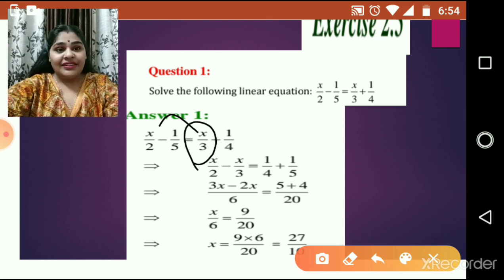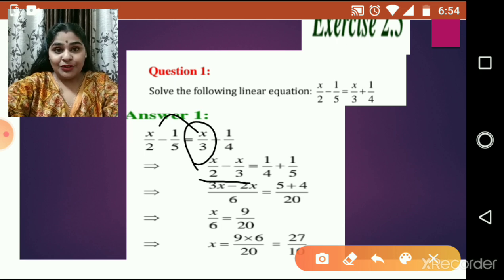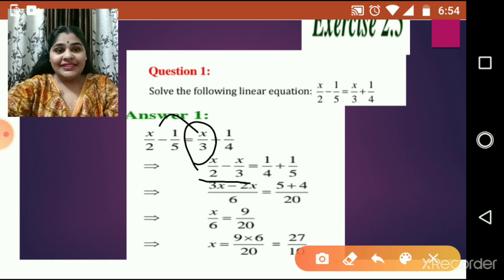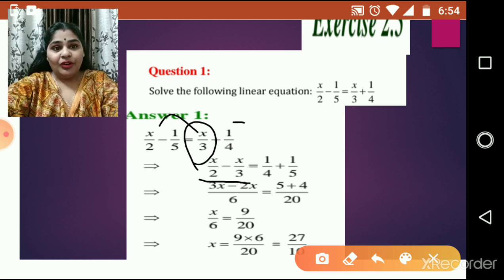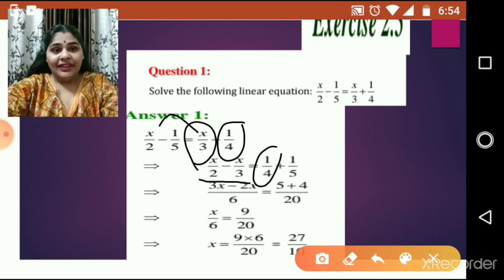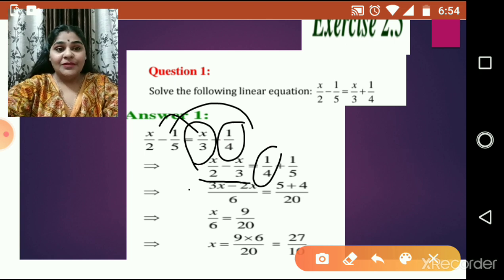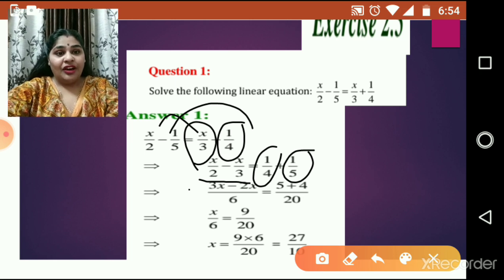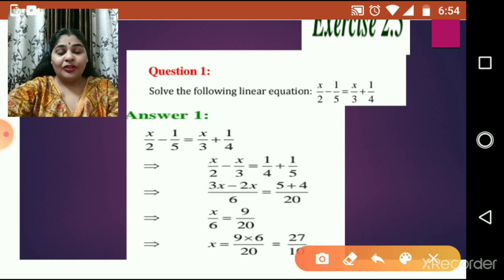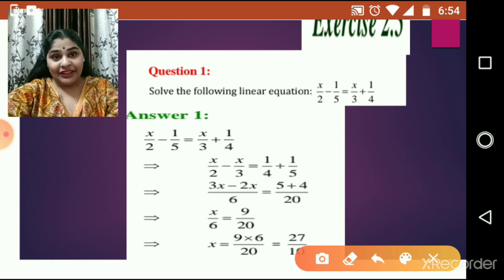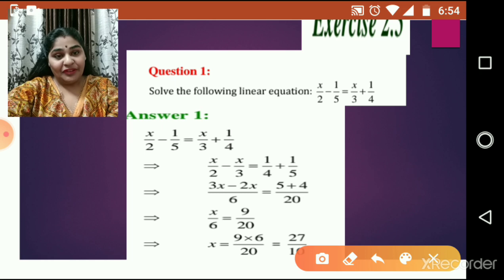So in the next step, x upon 2 as it is minus x upon 3 is equal to 1 upon 4 as it is, and this negative 1 upon 5 we transpose to the right hand side, which becomes positive 1 upon 5. Now that we have brought all the terms consisting of variables to one side and constants to the other side, let us simplify it.